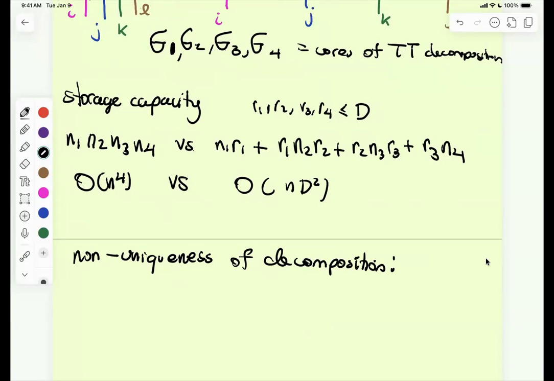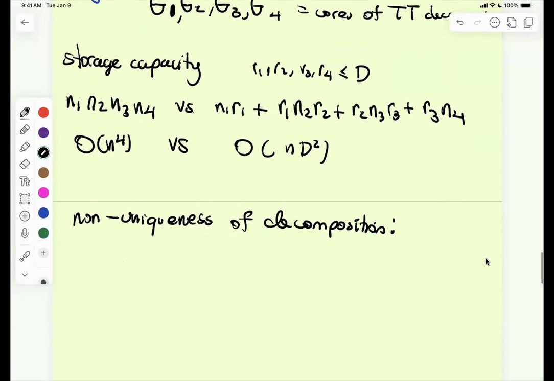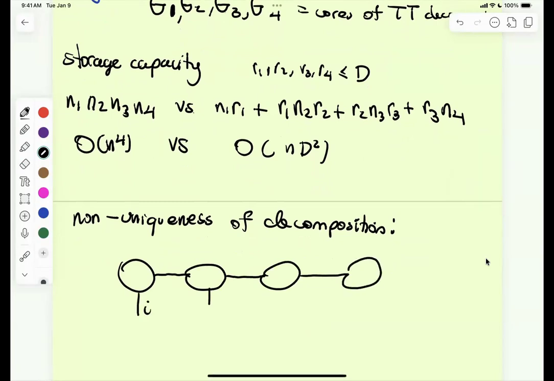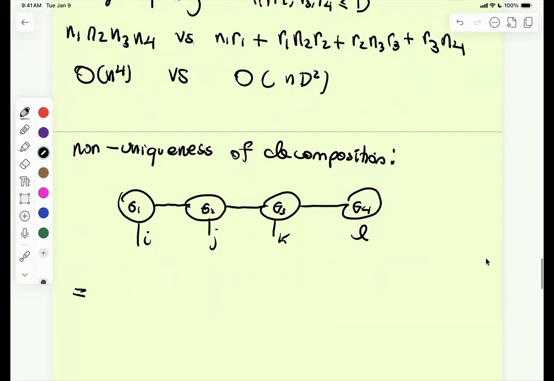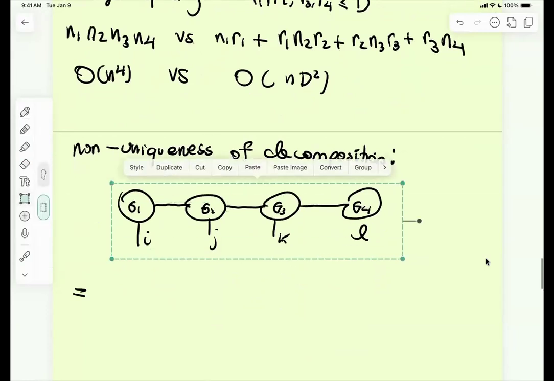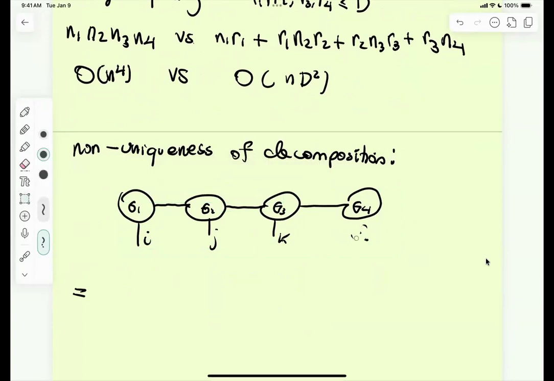For example, imagine you had already found a tensor train decomposition, with legs I, J, K, and L. Hopefully this makes sense. Oops, I didn't write that leg for the last one.